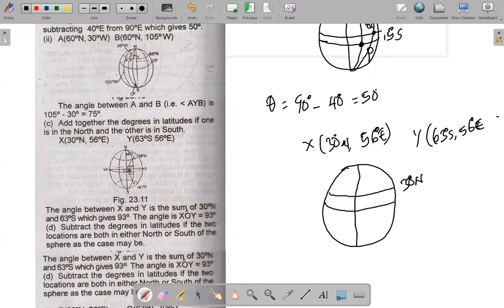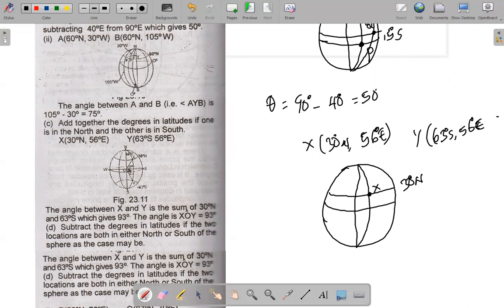And 56 degrees east will be somewhere here. This point where the latitude and the longitude meet, 30 degrees north and 56 degrees east, is point x.